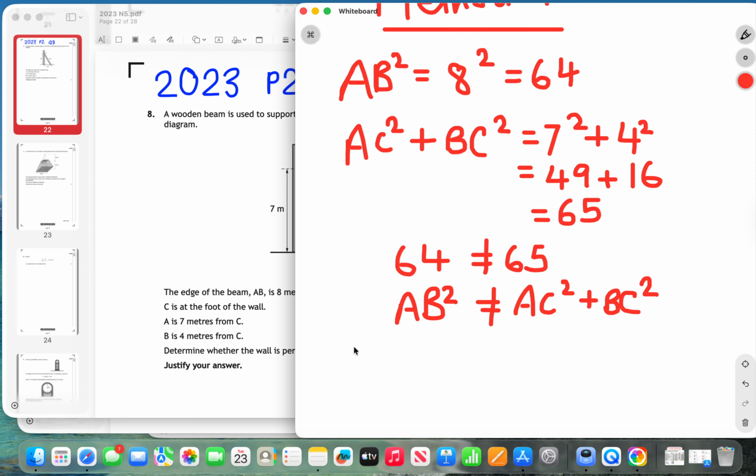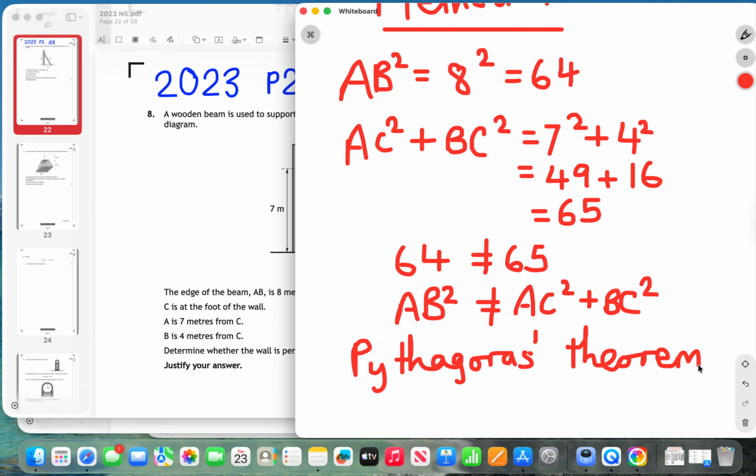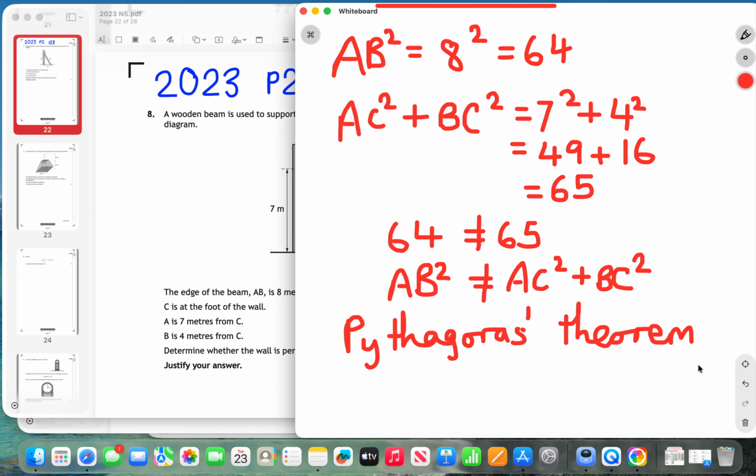So we then can say Pythagoras' theorem. I think it's OR. It doesn't matter. It's maths, not English we're doing. So you won't get marked down on spelling.